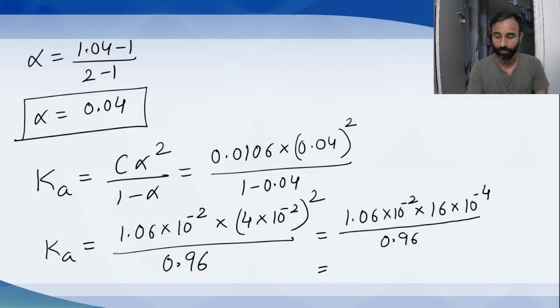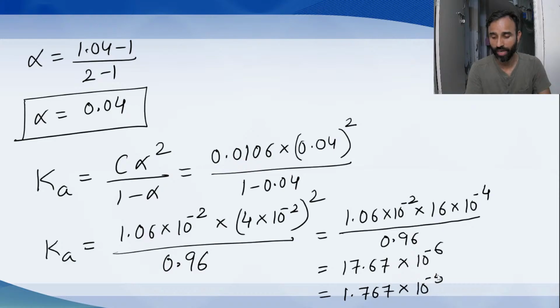So it is 17.67 into 10 raised to minus 6, which is 1.767 into 10 raised to minus 5.